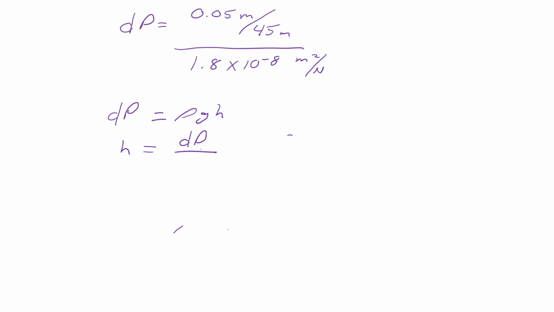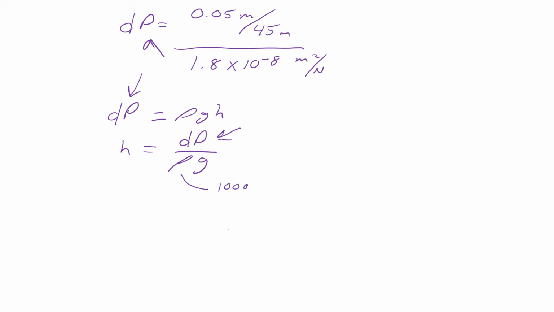So that equals dP over rho G. And if you calculate all of this out, first solve for dP, plug dP into the equation, here and here.